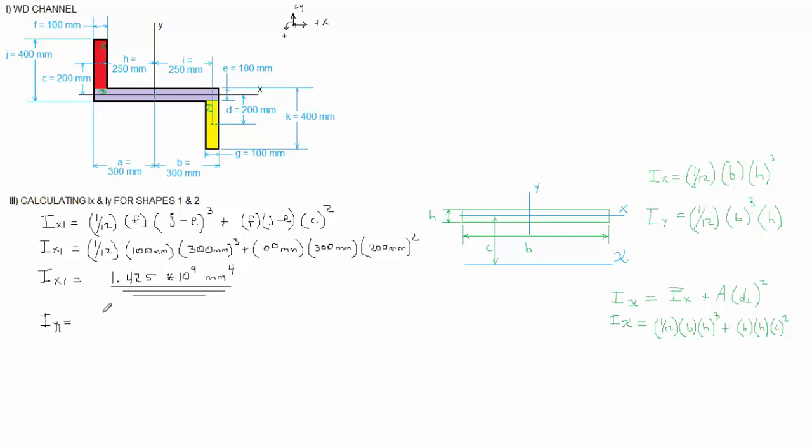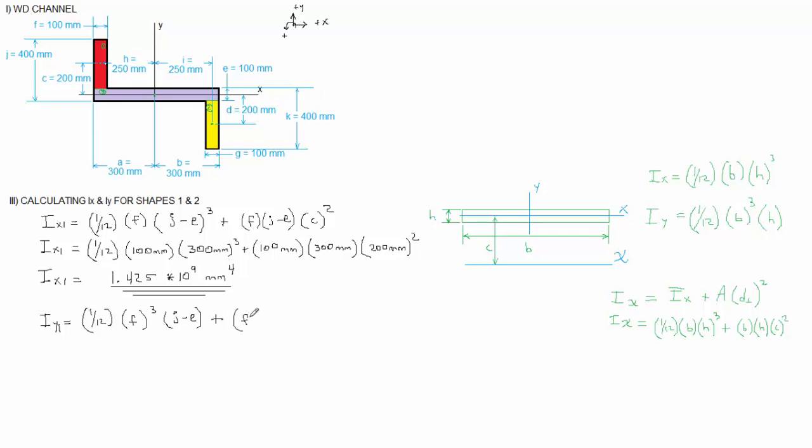The moment of inertia around the y-axis for shape 1 is once again 1/12 times the base times the height. And in this case, the base gets cubed. Now, since this shape is not centered on the y-axis, we have to add that area times the perpendicular distance.